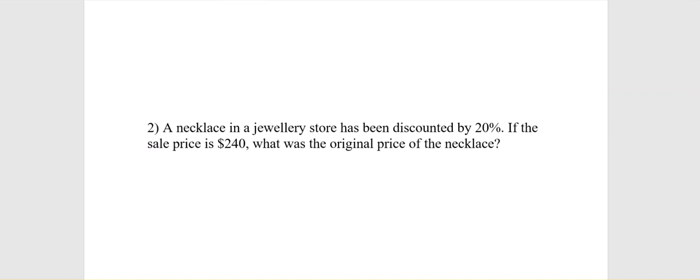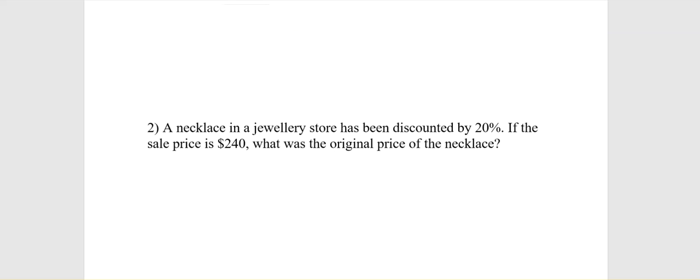Okay, our next question on finding the cost price says a necklace in a jewelry store has been discounted by 20%. If the sale price is $240, what was the original price of the necklace? Now you have to be very careful with these types of questions because it's telling us it's been discounted by 20%.